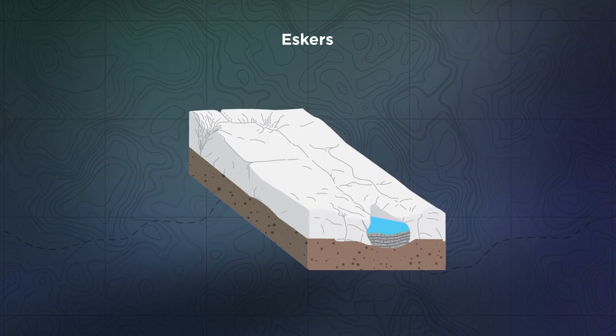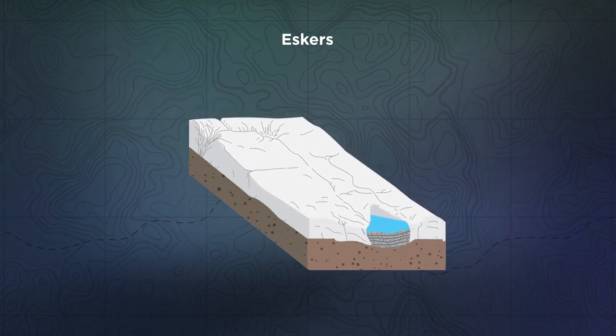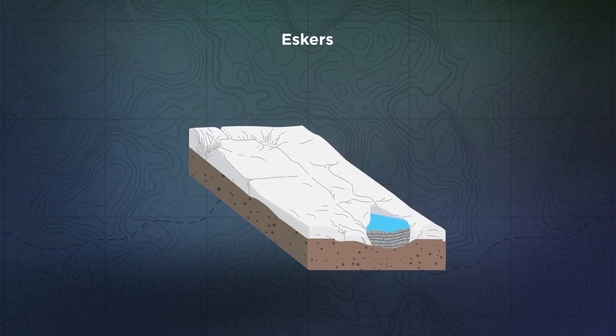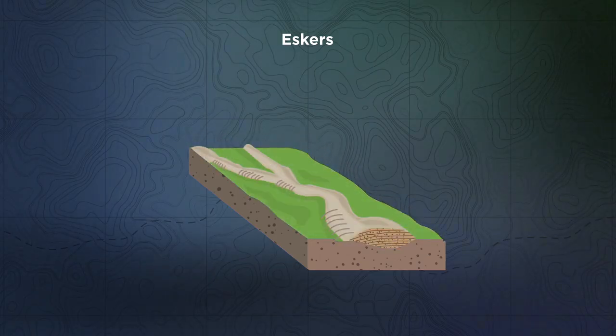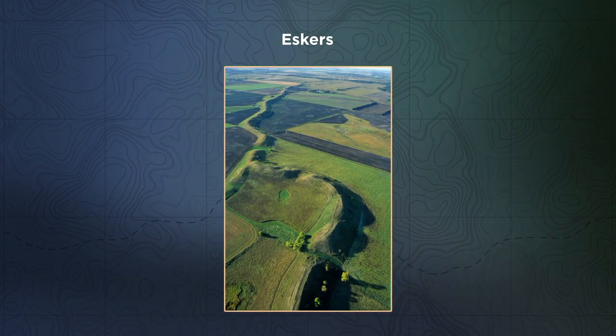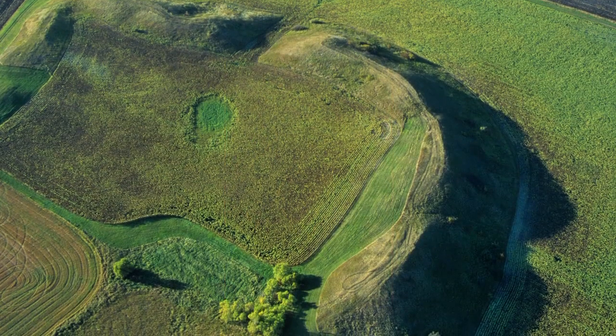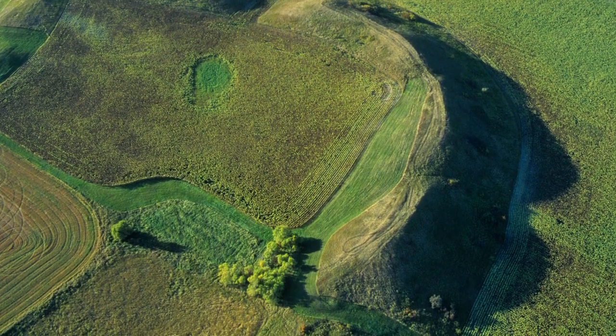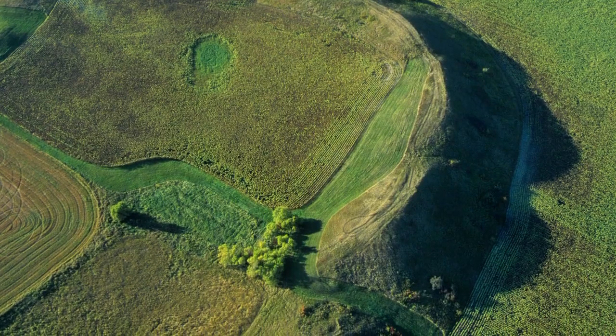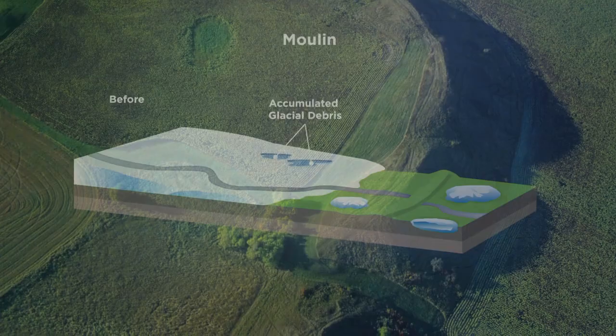The tunnels were frequently less than tens of feet high, while the glaciers were thousands of feet high. But when the glaciers are gone, the sand and gravel that filled those tunnels remain as a ridge on a flat landscape. These ridges are called eskers. That's inverse topography. The filled tunnels become ridges.